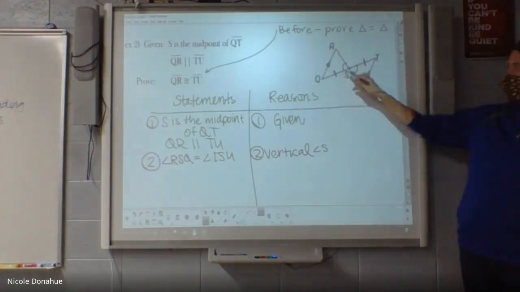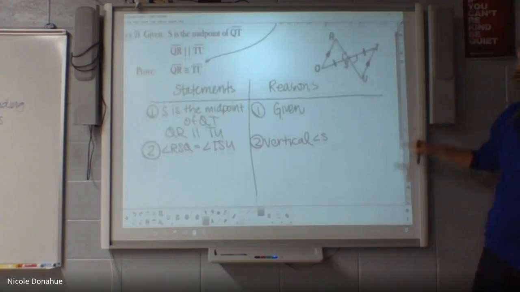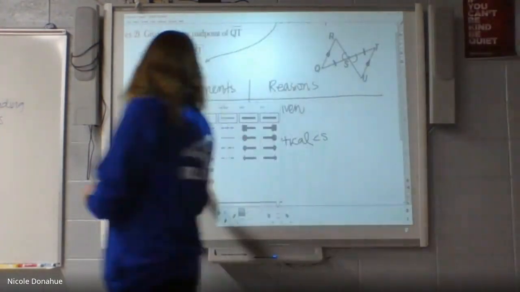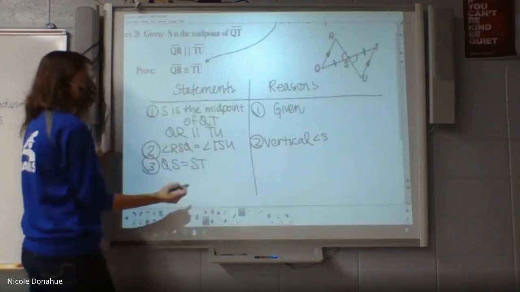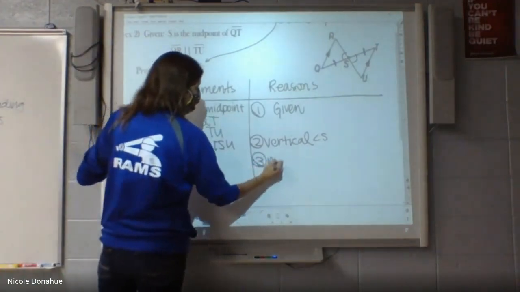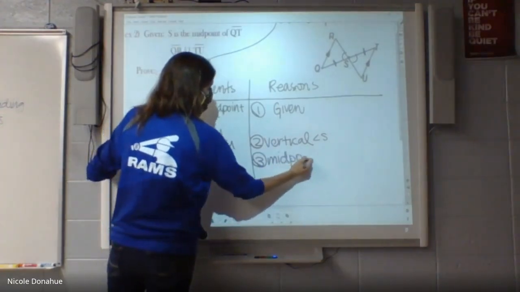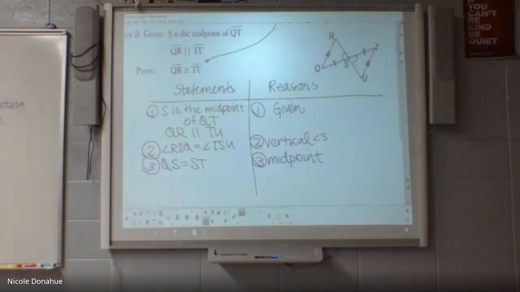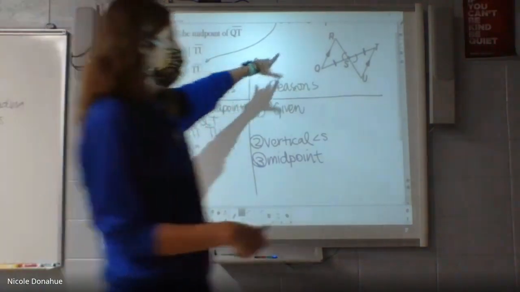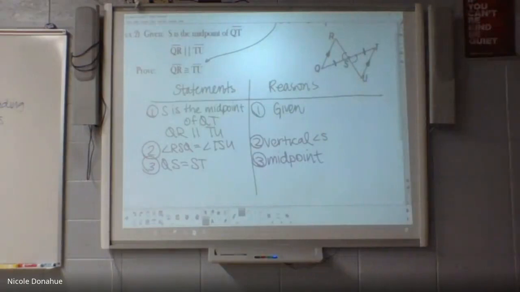So QS should equal ST because there's a midpoint there. Now notice this time it's only the midpoint of the one line as far as they told us so far. So you cannot assume that RS equals SU. They don't tell us anything about S being the midpoint of RU. It probably is, but we can't assume that. So right now all we have is an angle and a side.